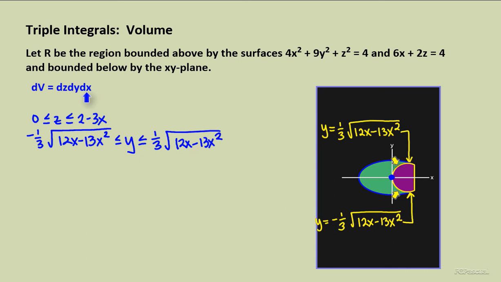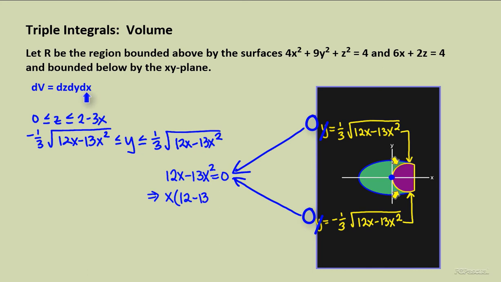Well, the x-intercepts are on the x-axis where y equals 0. And if y equals 0 for the x-intercept, it must be that 12x minus 13x squared equals 0, or that x times the quantity 12 minus 13x equals 0. Which means then that x equals 0, or 12 over 13.